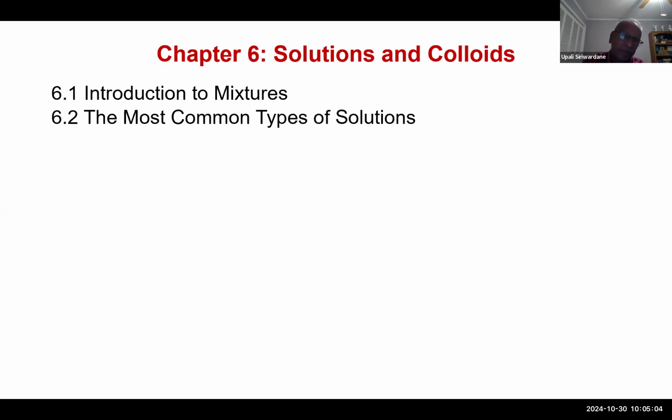The most common type of homogeneous mixtures, which we call solutions, are based on the physical states of the solute and the solvent that you are mixing up.